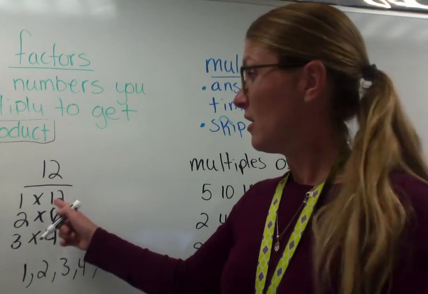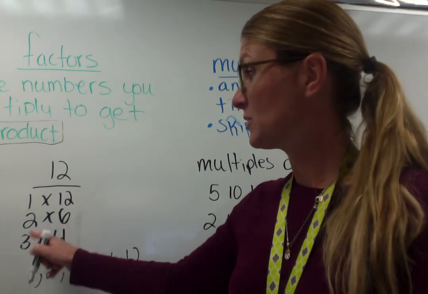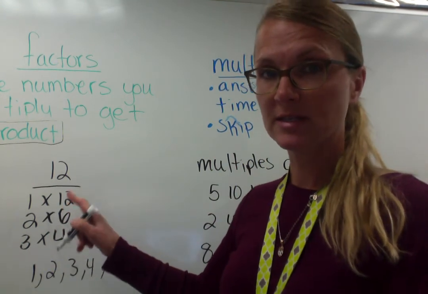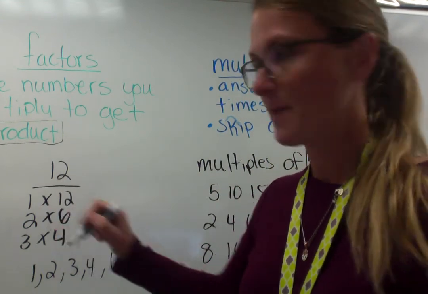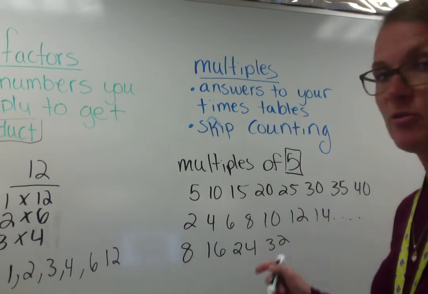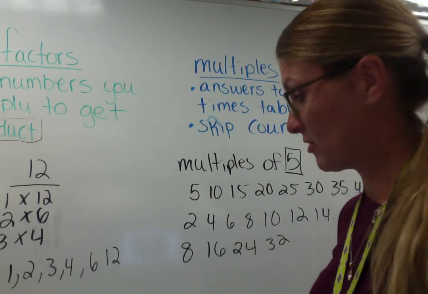Factors, there's a limited number of factors. There's only so many ways you can multiply to get 12 using whole numbers, because somebody's going to say, well, can't you use decimals? So I'm going to whole numbers, okay? And then multiples are skip counting, and multiples can go on and on forever. So there's no end to multiples.